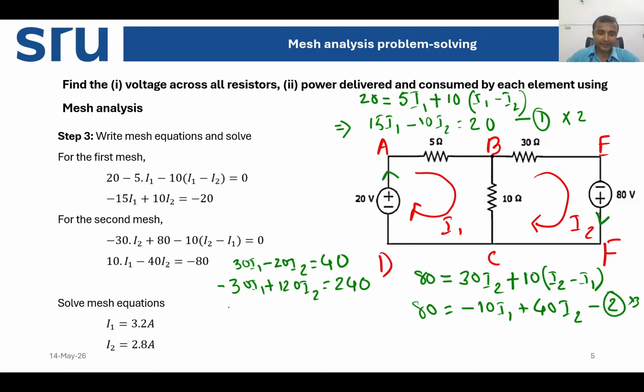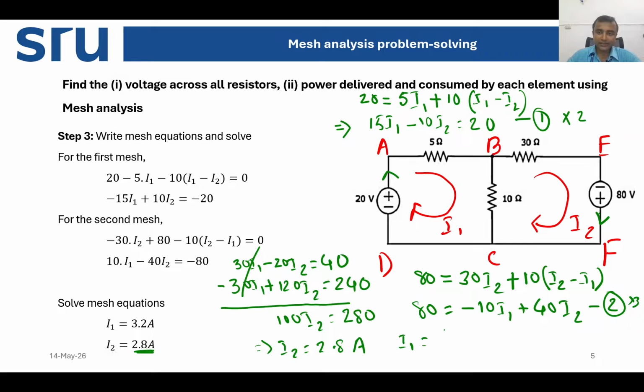Now we add, so these two cancel out, giving 100 I2 equal to 280, which gives I2 equal to 2.8 ampere. Now as we got I2, we can also get I1.